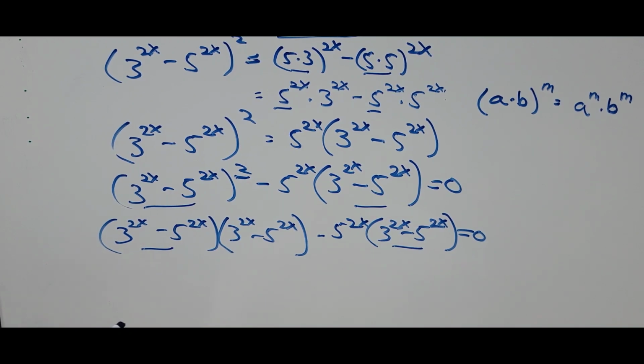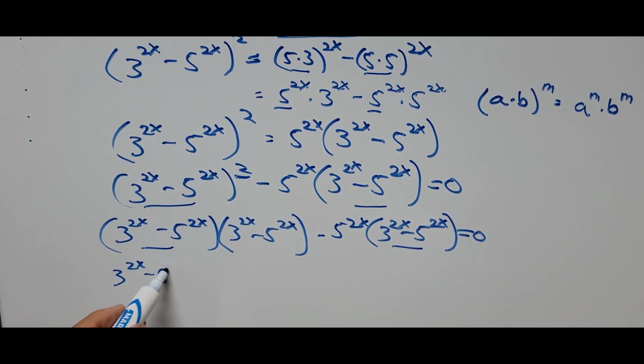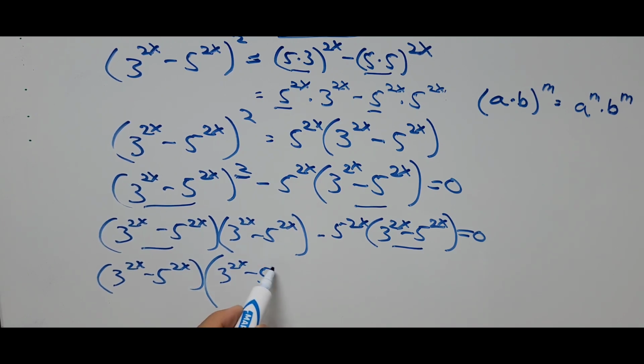So the equation now becomes 3 raised to the 2x minus 5 raised to the 2x times the quantity, this right here now, 3 raised to the 2x minus 5 raised to the 2x minus, since we factored this out, what is left is 5 raised to the 2x, equals 0.